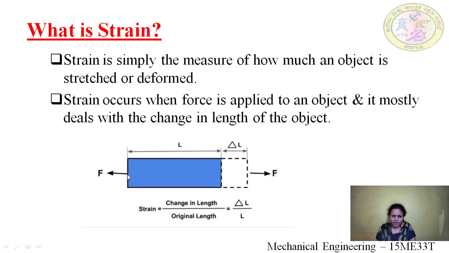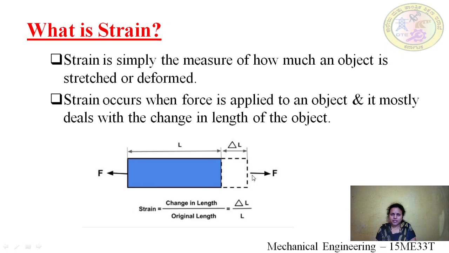So when I apply a tensile force, what is happening? The length is increasing and the diameter is decreasing. So the length is increasing, it becomes longer and it is becoming thinner. Now, the extra length, that is delta L, is the increase in the length.